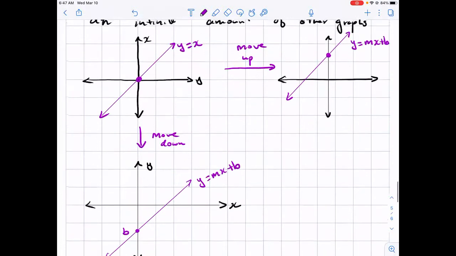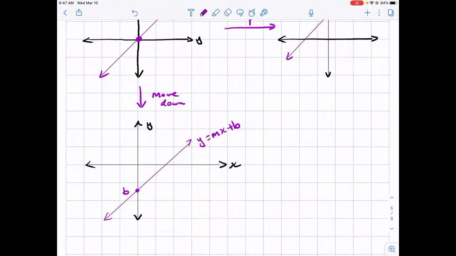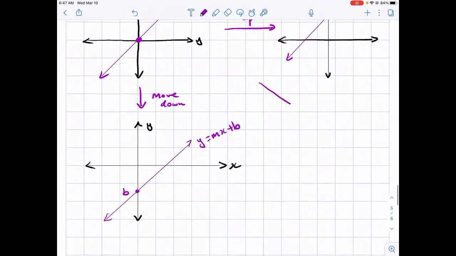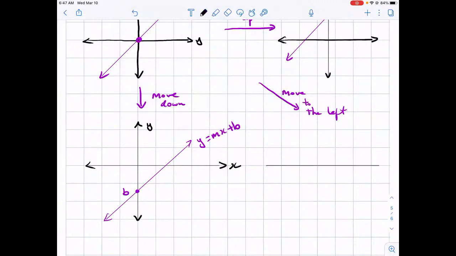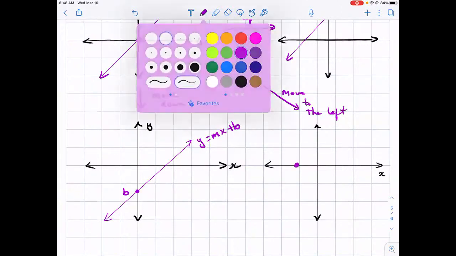Or if I move it to the left, now that dot becomes here, and my identity function will now look like this.